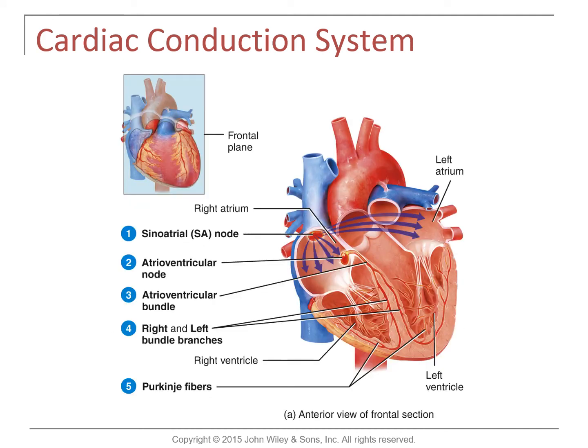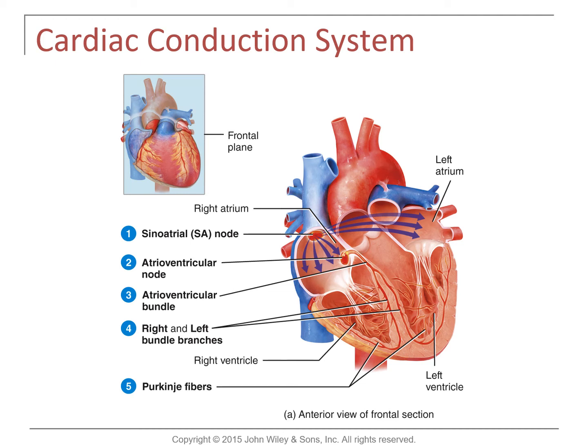So here we have the cardiac conduction system outlined for us. It begins at the sinoatrial node in the right atrium, the spontaneous depolarization of the autorhythmic cells of the SA node. The electrical signal generated there then passes through the atria, leading to atrial contraction.